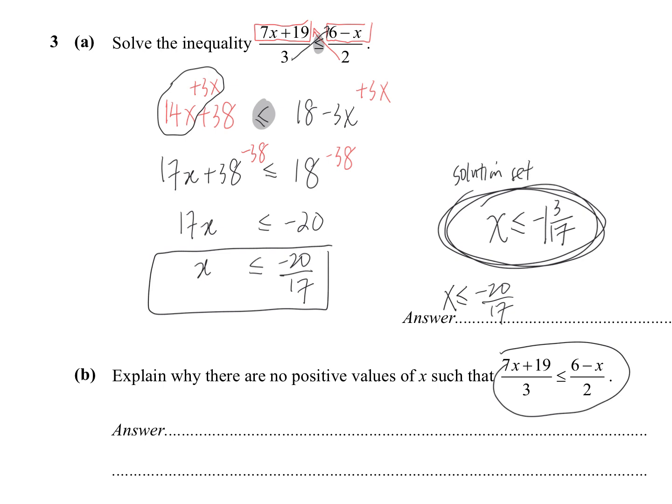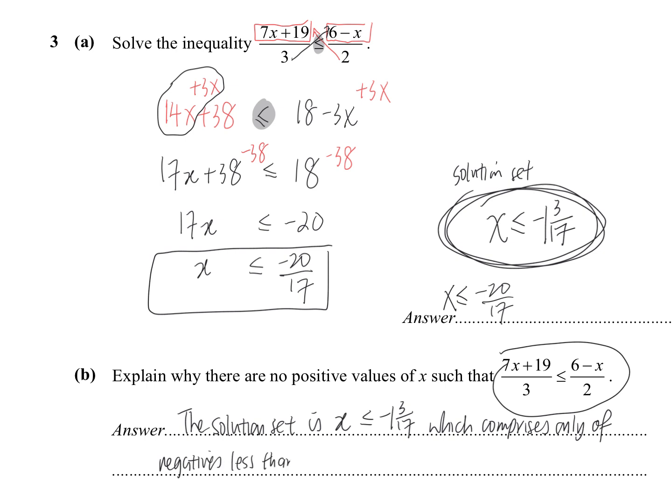So you can say that the solution set is x less than or equals to negative 1 and 3 over 17, which comprises only negative values.